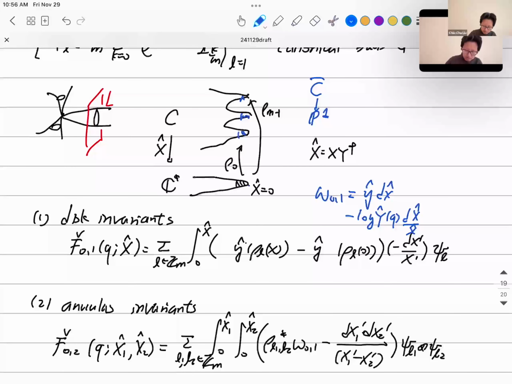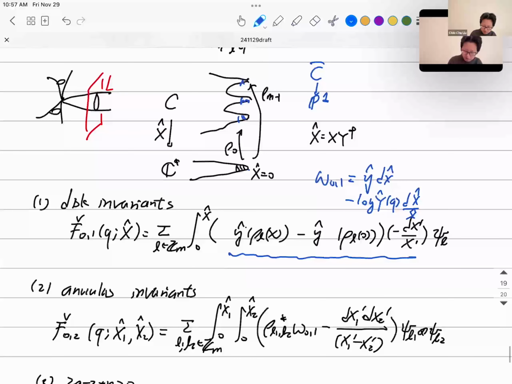So we can pull back, but now you see that it has a pole. So basically we remove the pole of omega 0,1, and then we take the antiderivative. But we have different ways because there are different preimages, so we sum over them and it's vector valued.